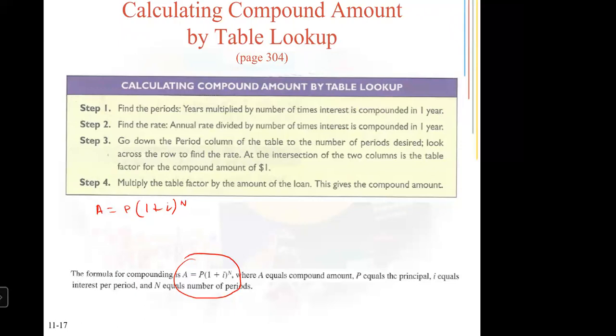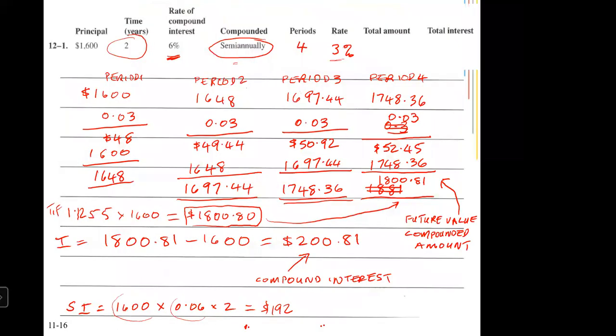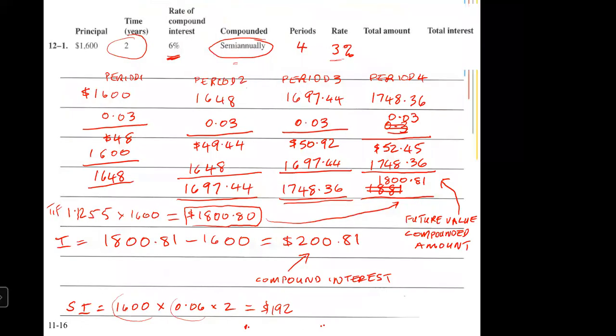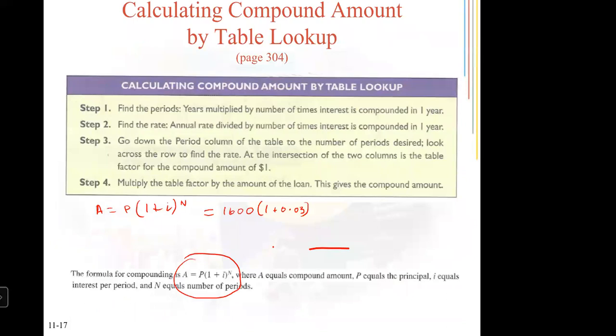So in this case, A would be equal to, the principal was 1,600, and then 1 plus the interest per period for that question was 0.03, and the number of periods was 4. So n would be to the 4th power.